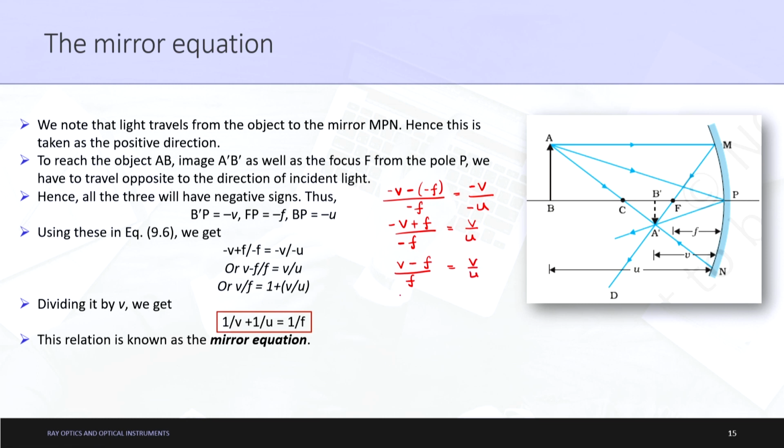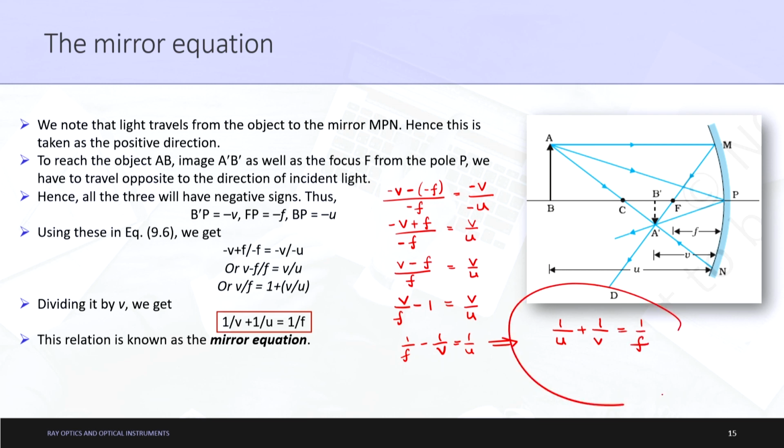Writing this as v by f minus 1 is equal to v by u. Dividing the complete equation by v, we will get 1 by f minus 1 by v is equal to 1 by u. Therefore, using simple mathematical formulation, we get 1 by u plus 1 by v is equal to 1 by f.